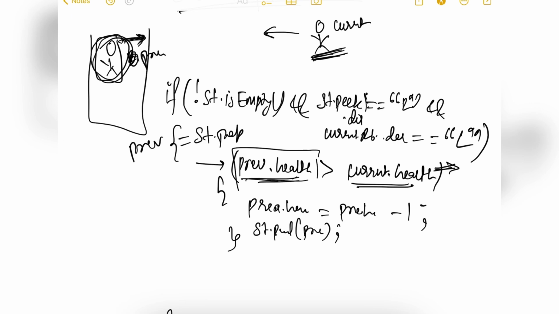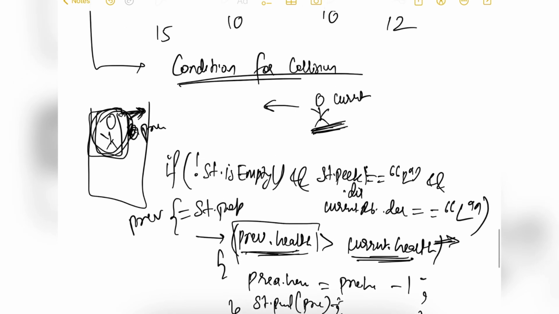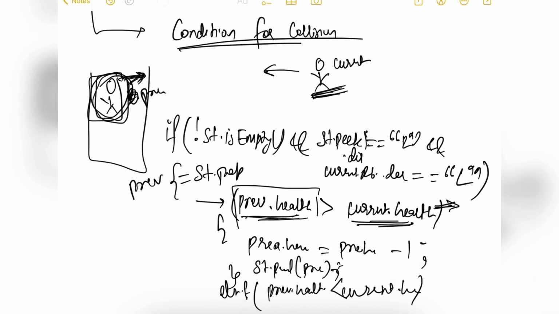Because it wasn't destroyed, we'll just push it back to the stack, push previous. That's all, if the previous one has higher health. Else, what if the current health is greater than the previous health? In that scenario, what will happen? The previous one has to be destroyed, so we won't add the previous one, but the current health has to decrease by 1.